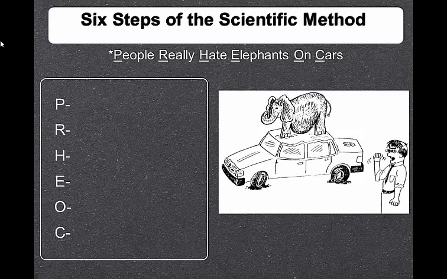If we remember the sentence, people really hate elephants on cars, that can help us to remember the steps. Or you can remember this picture of Mr. Arcuri standing on top of the car, and that might help you to remember the steps. The first letter of each word stands for one of the steps. P-R-H-E-O-N-C.